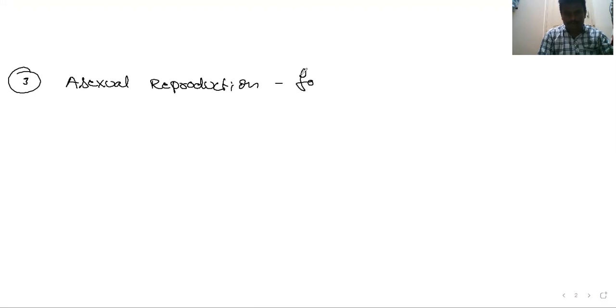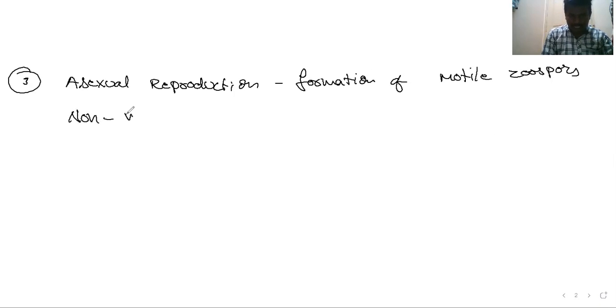Next, continuation points. Generally, in phycomycetes, asexual reproduction takes place by formation of motile zoospores, or by non-motile aplanospores.